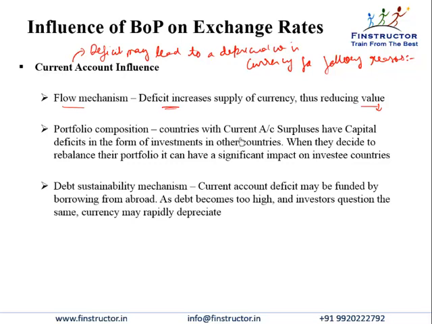Some other country with probably a current account surplus has a capital deficit. Their capital deficit is your capital surplus, because they have invested in your country when you have a current account deficit, or they have funded your deficit.